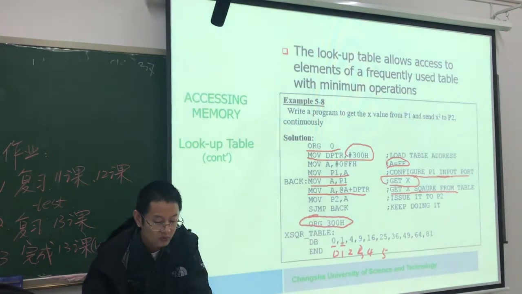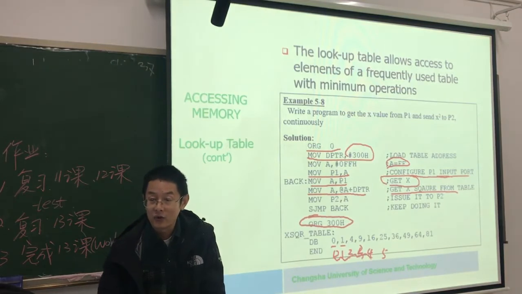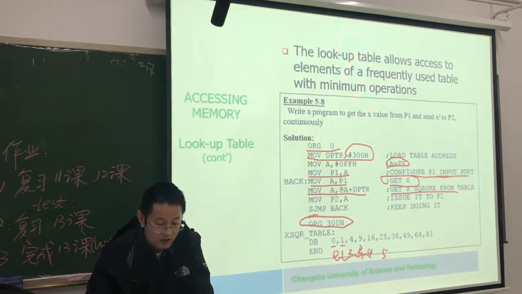So the square of 0 is 0, the square of 1 is 1, the square of 2 is 4. So the square is related to the address. You can use the table to get the square and send the square to P2. Just loop here.